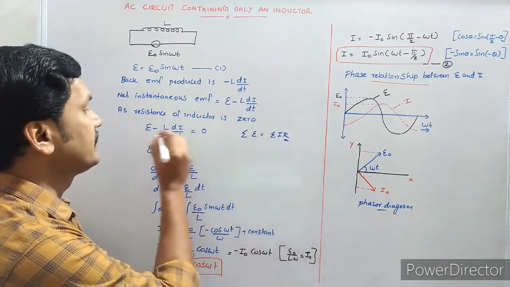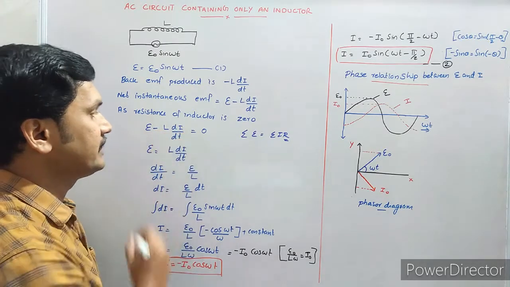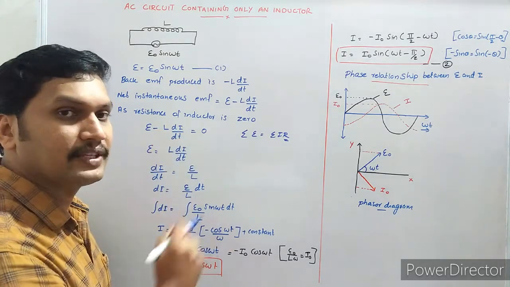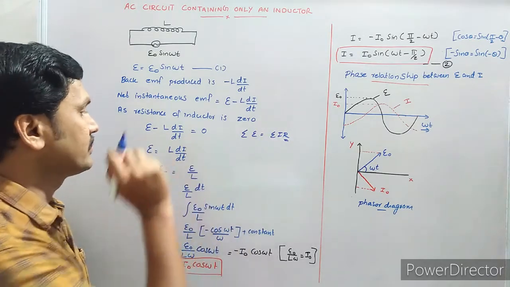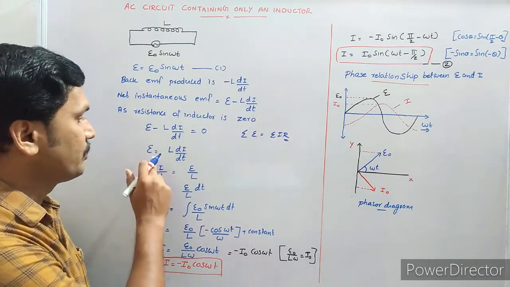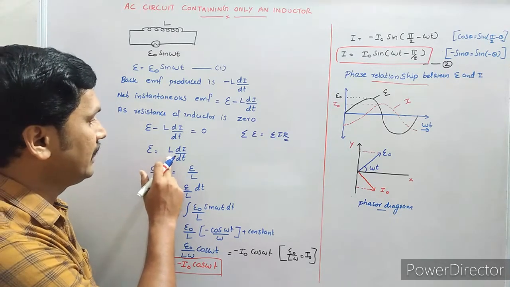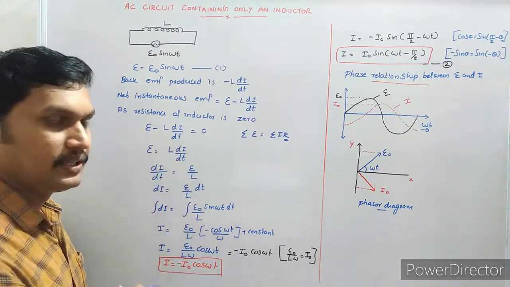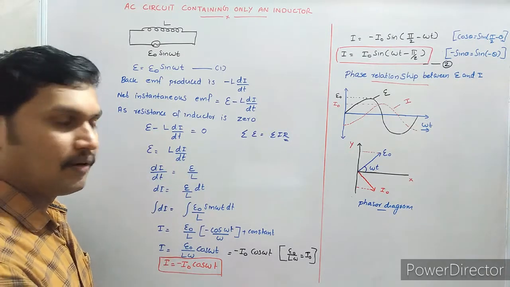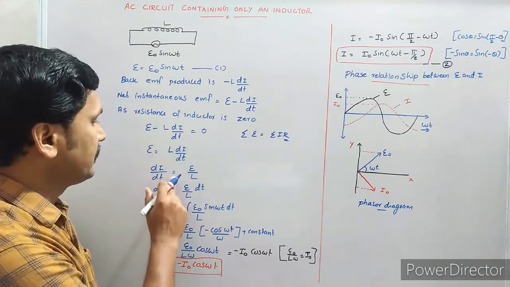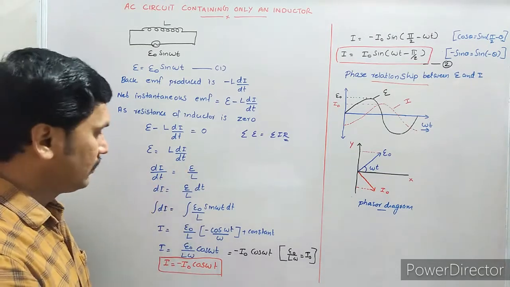So E minus L di by dt is equal to 0. The algebraic sum of EMFs is 0 because the resistance is 0. We can rewrite this equation as E is equal to L into di by dt, or di by dt is equal to E by L.